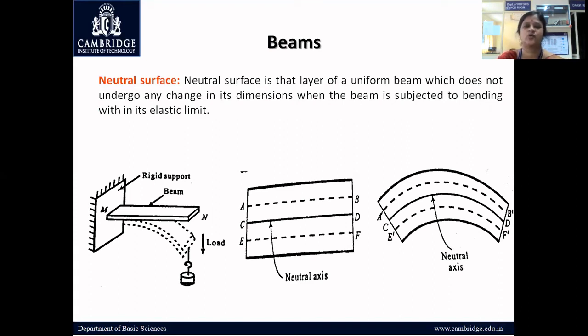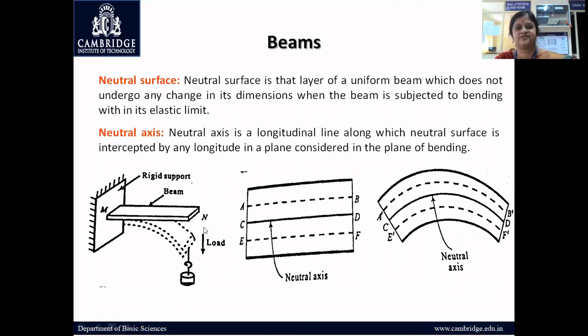So that layer is called a neutral surface. It is a plane layer, and the axis passing through that layer is called a neutral axis.